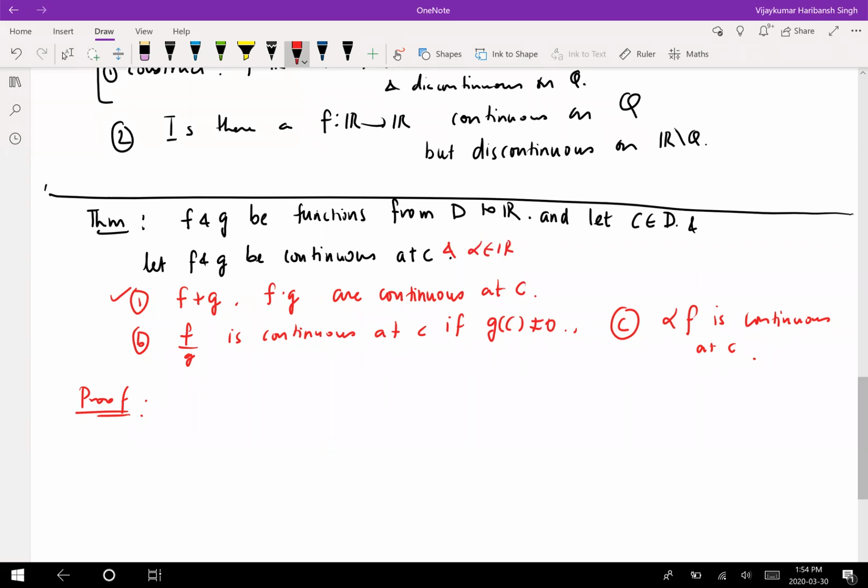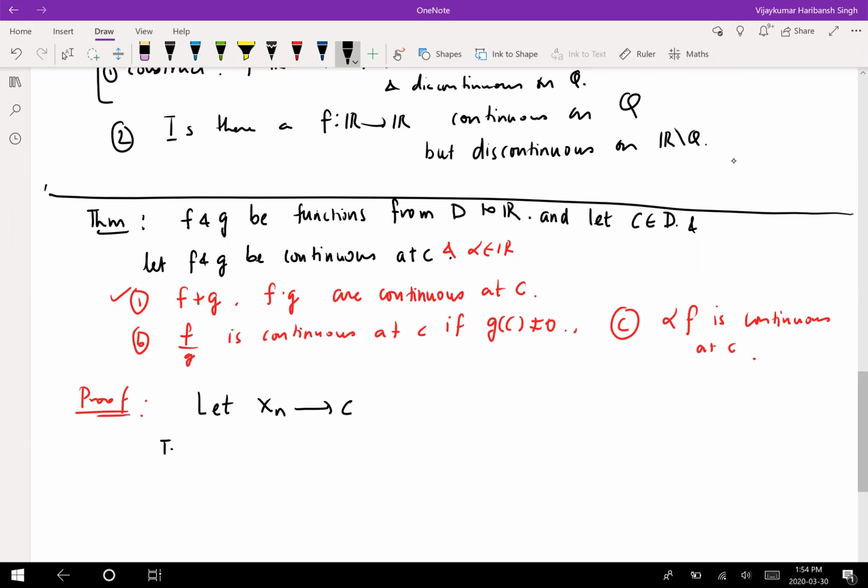So okay, let's say we'll use sequential criteria here. So let xn converge to C. Now xn is any arbitrary sequence, all right? So what do you want to prove?